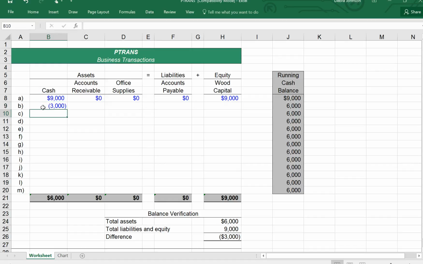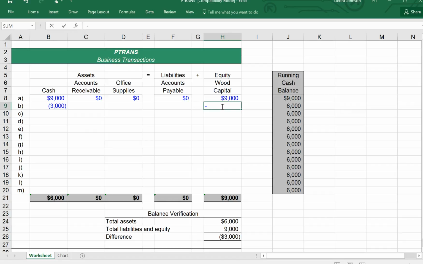What other account is affected? Well, the equation always has to be in balance, so think about that. What was the $3,000 spent for? It was spent on rent expense, and expenses will cause the equity to go down.